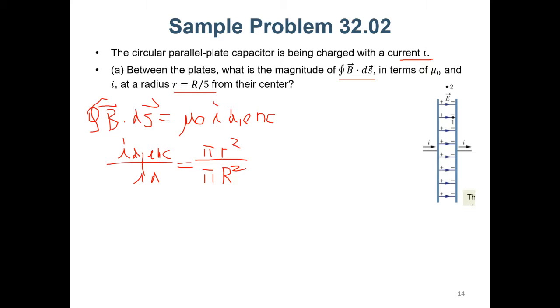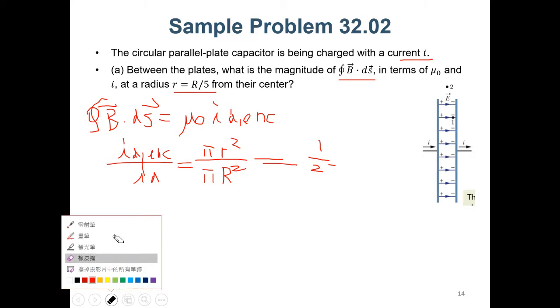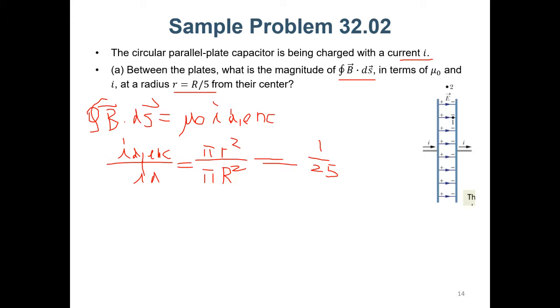So for the total displacement current, it is pi R square for the whole capacitor, and the enclosed one is the smaller one, so it is proportional to pi r square. So when we divide them, it is 1/25. One over 25.